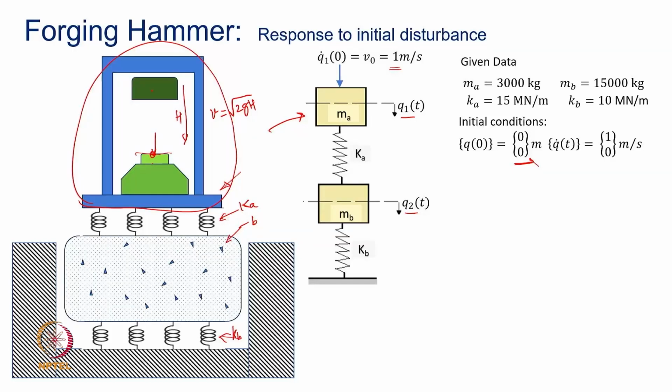So, your initial conditions for the entire system, q at t is equal to 0, can be prescribed as 0, 0, because q1 is 0, q2 is 0, q2 dot is 0, but q1 dot is equal to v naught, the initial velocity with which the hammer drops on the anvil. Okay.